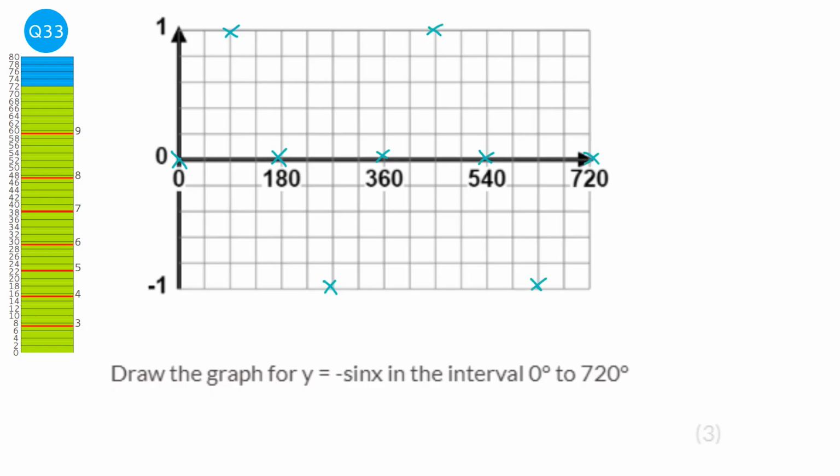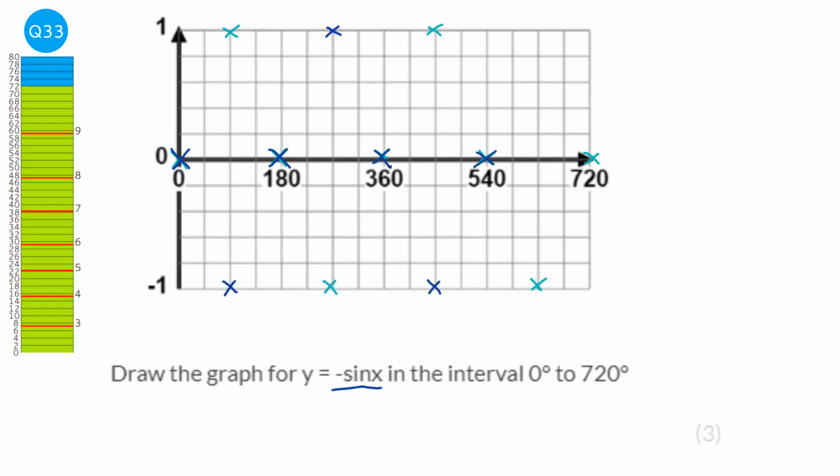Now, because this is minus sine of x, we're going to just reflect it in the x-axis. So instead of going up to 1, it's going to go from 0, down to minus 1, back to 0, but then up to 1, back to 0, then down to minus 1.